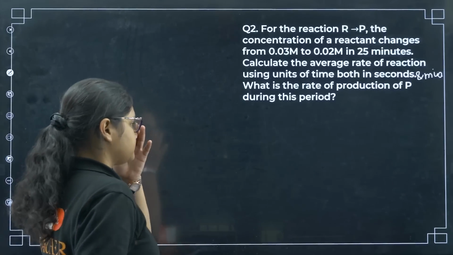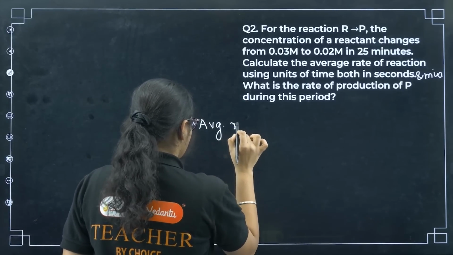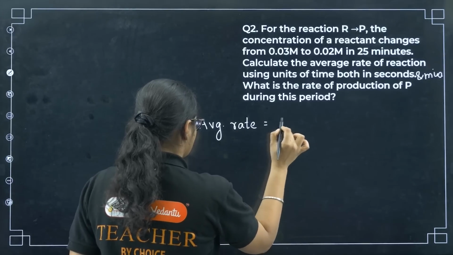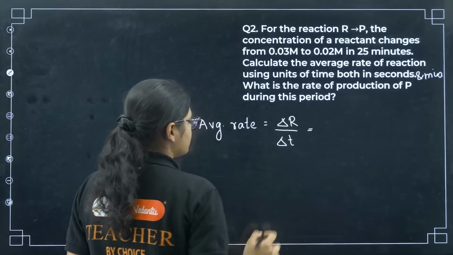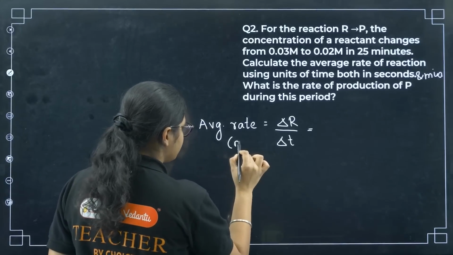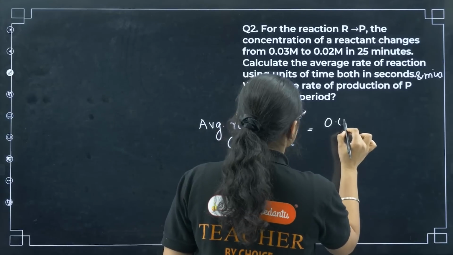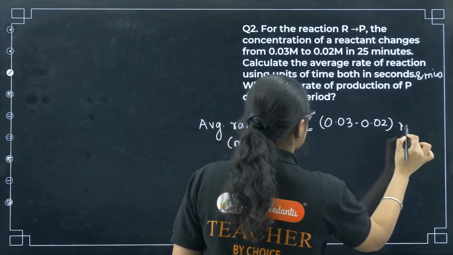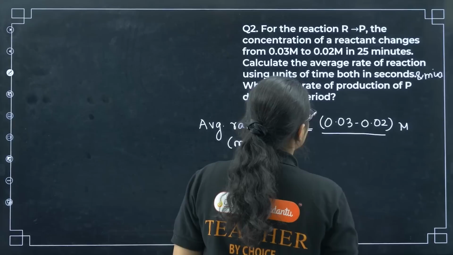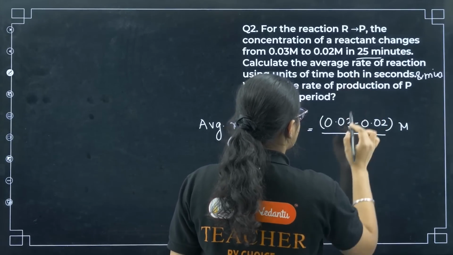Same formula: average rate is equal to change in concentration of the reactant by change in time. So if I want to calculate the average rate in minutes, how much will I get? Delta R is 0.03 minus 0.02 moles divided by time, which is 25 minutes.